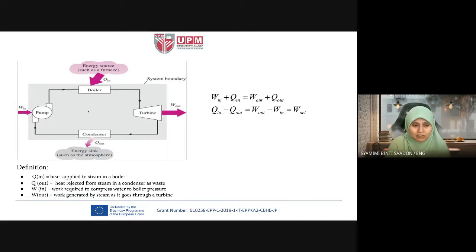The turbine is the opposite of the pump. Its function is to expand. This is to compress, this is to expand. Last time in my class, some students could not answer this one. So the pump's function is to compress, increase pressure. The turbine is to expand, reduce pressure, reduce temperature.